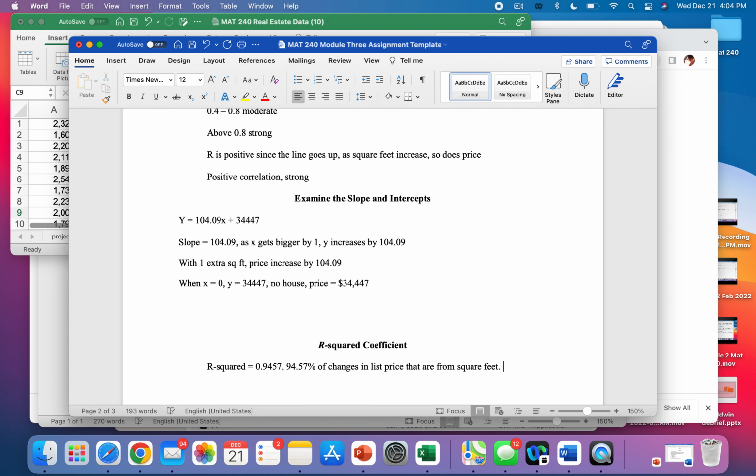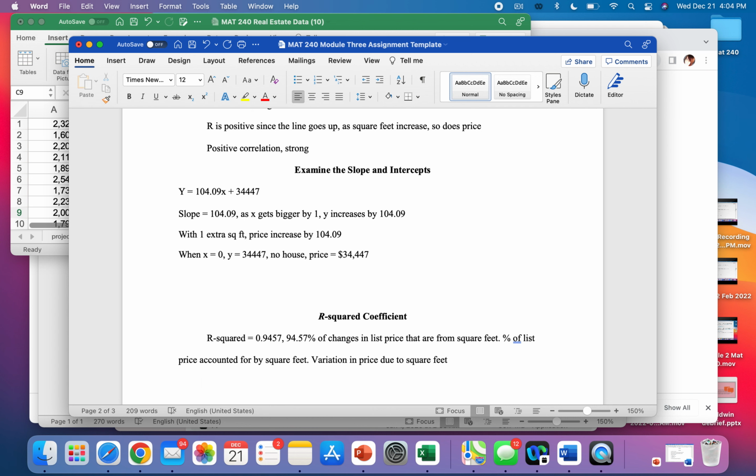The percent of list price accounted for by square feet. The variation in price due to square feet.